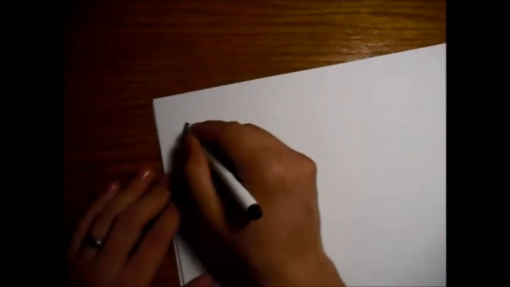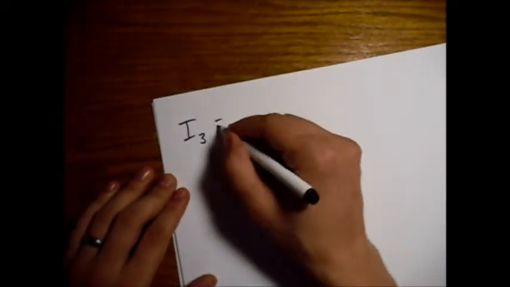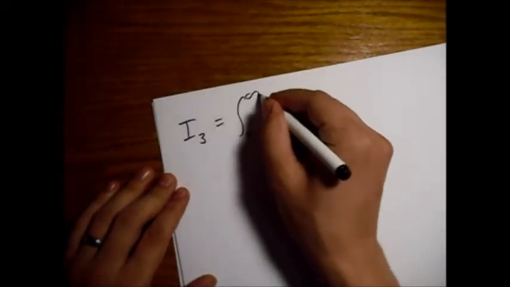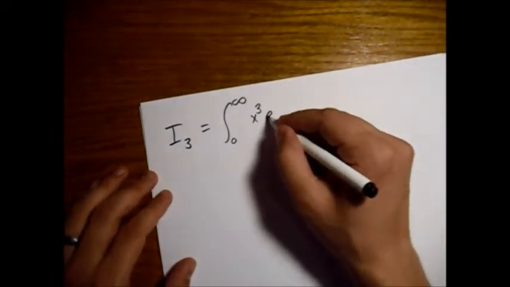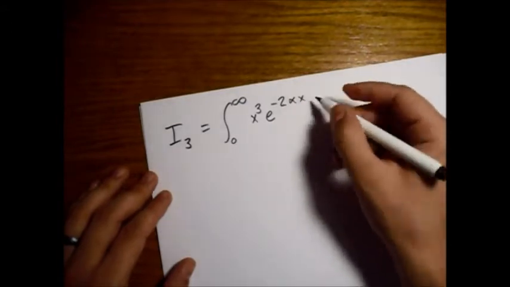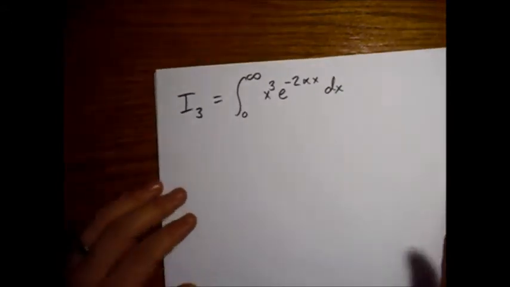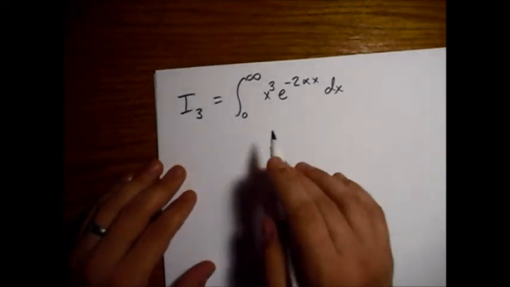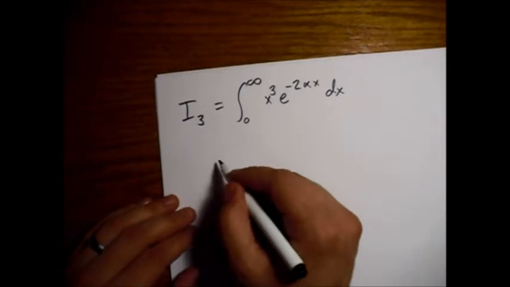All right, so the first integral I will call I3, and that goes from 0 to infinity of x cubed e to the minus 2 alpha x dx. It might not be immediately obvious why we need this, but we will need it later on in the problem, so we might as well do it now.